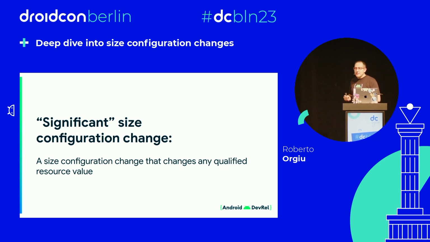That means that a configuration change in size is significant only when you change at least one of the buckets of your resources. So if you change anything related to size, but your app stays in the same bucket, so it will go fetching the resources from the same bucket, that's not a significant size configuration change. OK?